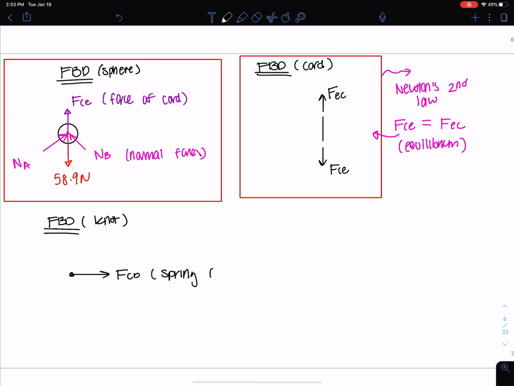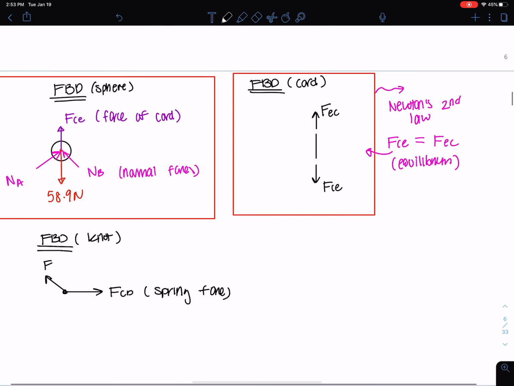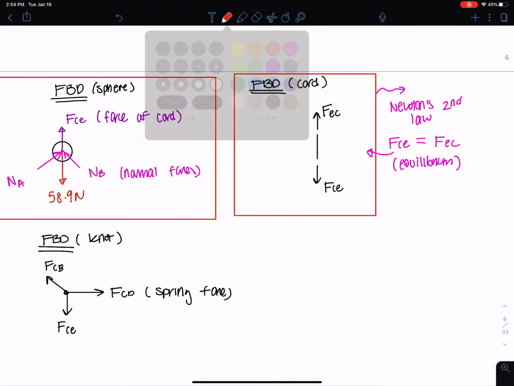This is K times X, right? I also have this force in this direction, which I'm going to call FCB. And I also have this FCE, or FEC, whichever you want to call it. This is the force of the chord on the knot. And that's pretty much it. That's the FBD.